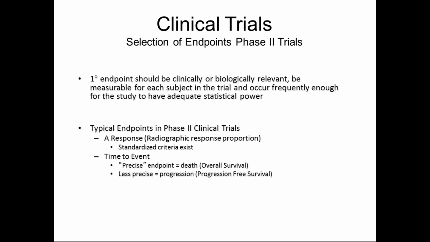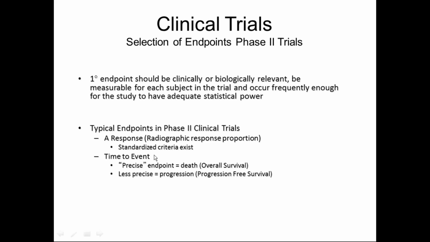They've got some degree of circulating retrovirus in the blood at point A, and intervention occurs, and then you remeasure it at point B. So some kind of a response, something we can measure for which there are standard criteria that have been validated that allow us to say a response has actually occurred.